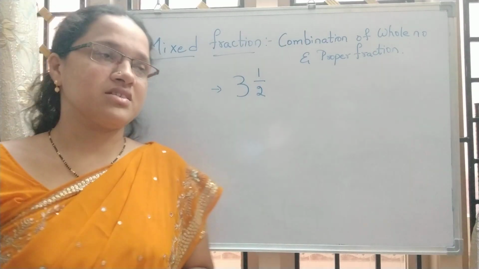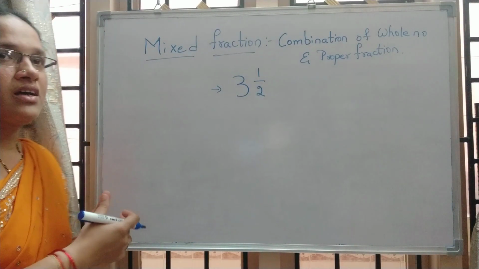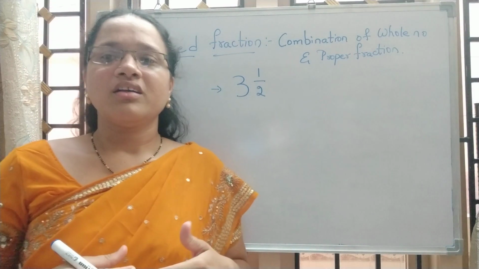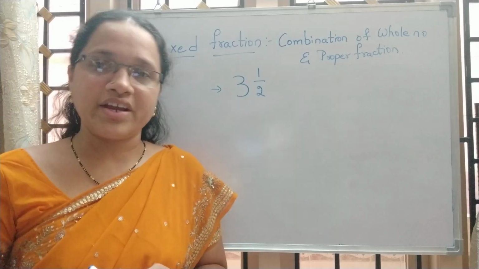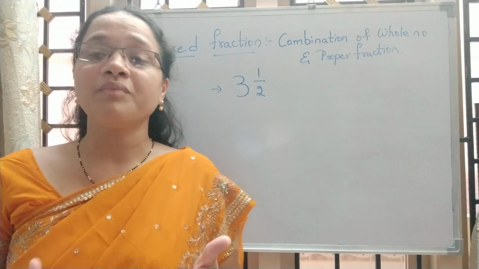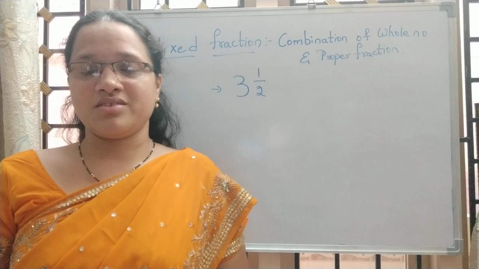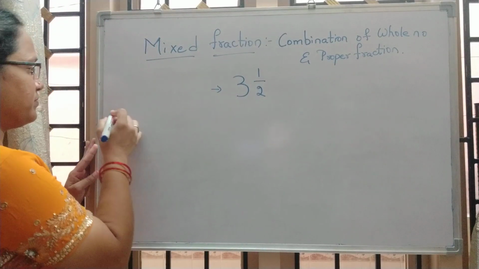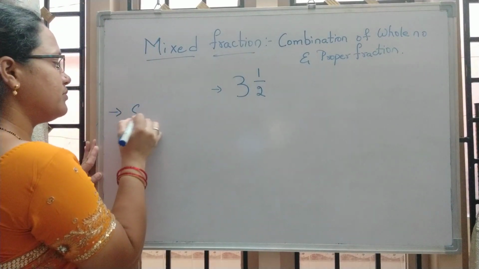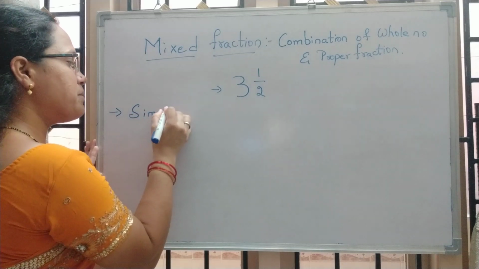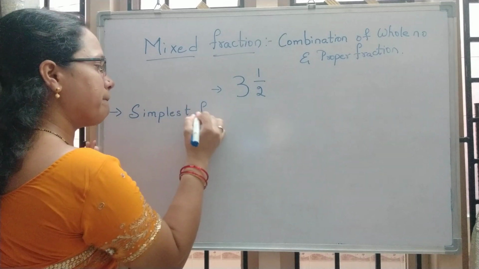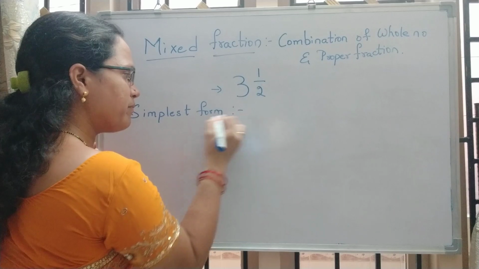Going to the next things, we cannot say that these are types of fractions, but these are terms to be learned when we are going into the chapter of fractions. The simplest form: what is the simplest form?